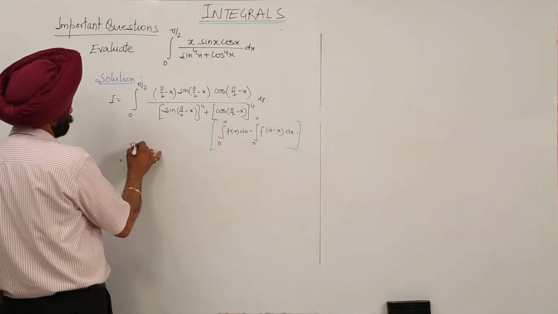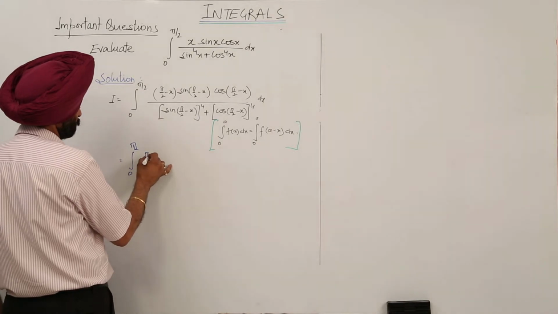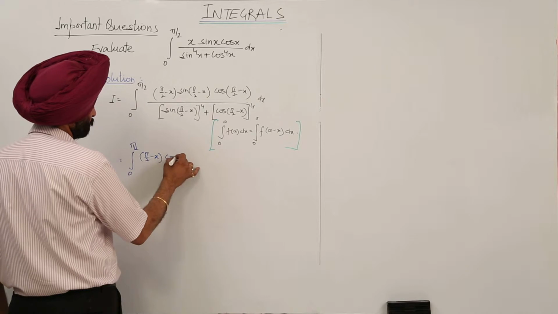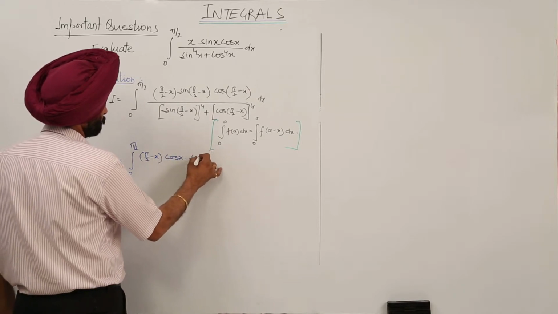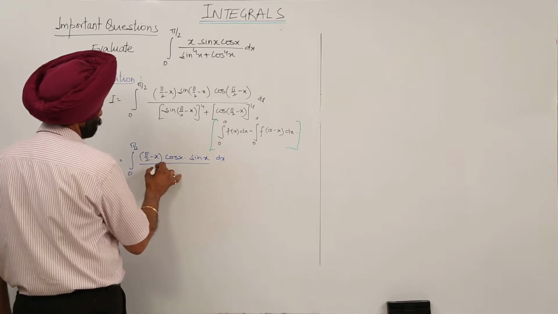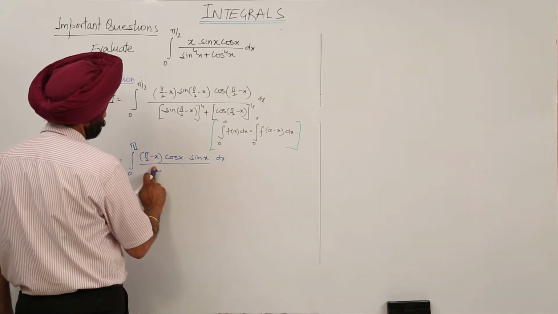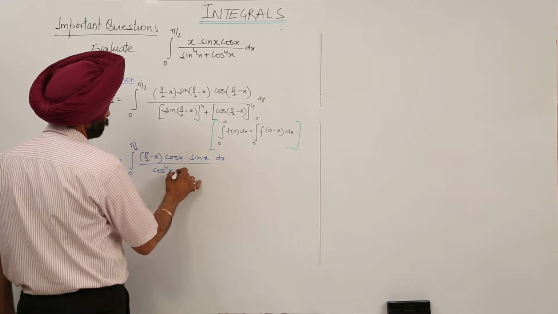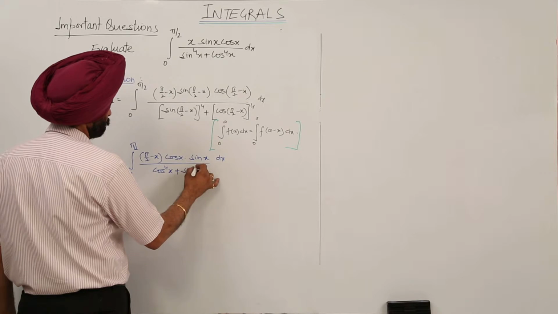Integral 0 to pi by 2, pi by 2 minus x, sin x cos x dx upon cos 4x plus sin 4x.